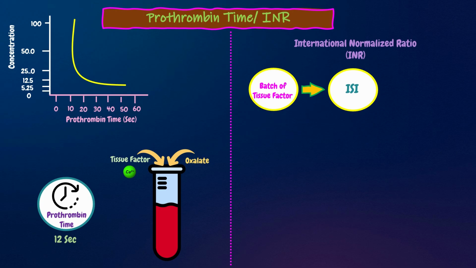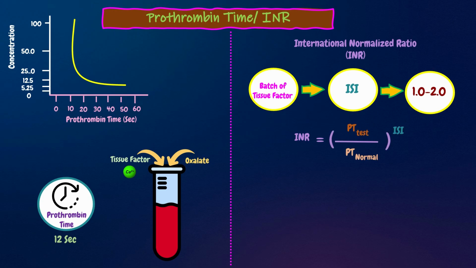The international sensitivity index usually varies between 1.0 and 2.0. The international normalized ratio is the ratio of the person's prothrombin time to a normal control sample raised to the power of the international sensitivity index.